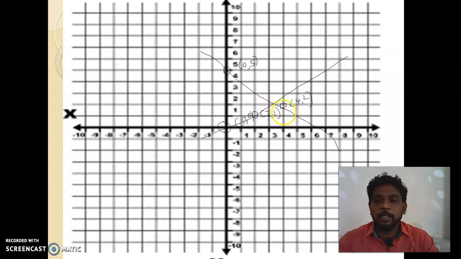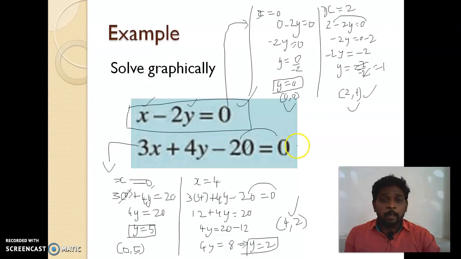That intersection point is nothing but the solution of this graph. Okay. After finding the intersection point from the graph, substitute it instead of the x value and y value in any one of the equations and check whether it is balanced or not. If it is balanced, the solution is right. Otherwise, the solution is wrong.